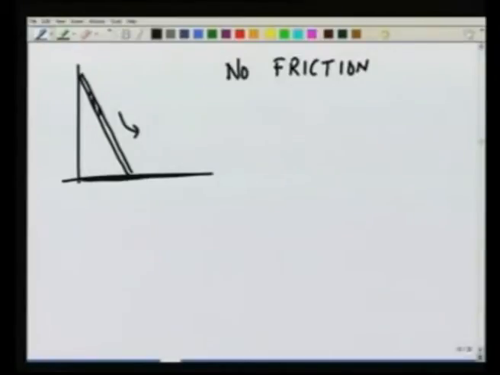The question is, if initially it was at height h, at what height does the upper end of the ladder leave the wall? If I make a free body diagram for the ladder, there is going to be a reaction N1 here and N2 here.